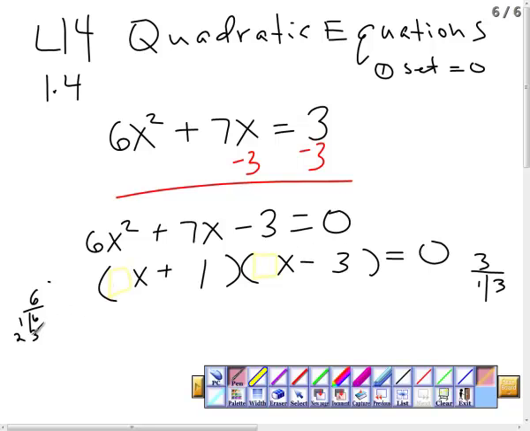Factors for 6: if we multiply a factor for 6 times 3, chances are what would be a more likely set of factors to use? 1 and 6 or 2 and 3? Harley? 2 and 3. So which way would you want to put it? Would you want to put the 2 in the first block or the 3? 3. All right, good. Put the 3 here. That means the 2 goes in the other one.